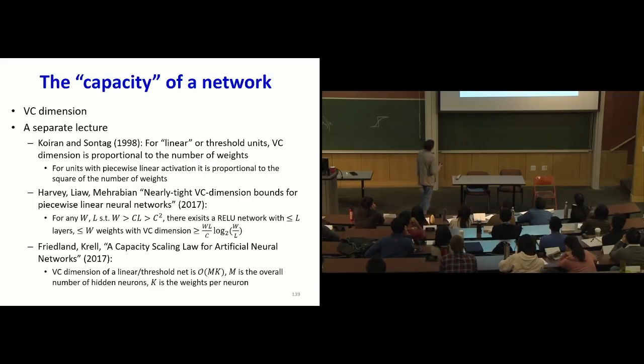Harvey et al. had a more recent paper where the function is some W. It's complicated. If you want to read something understandable, intuitive and fun, I recommend Friedland and Krell's paper on the capacity scaling law for ANNs. They explain how the whole thing can be thought of in information theoretic terms and have some very nice examples to explain the capacity of a network.